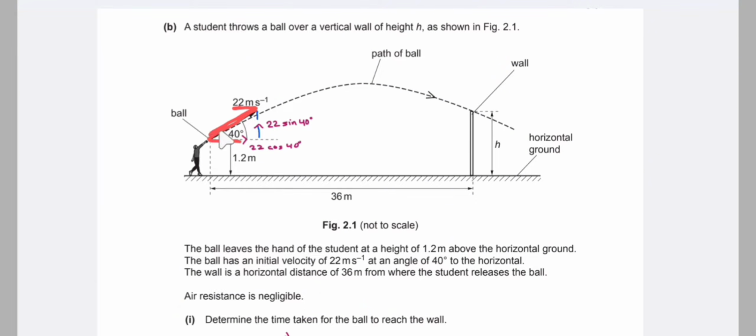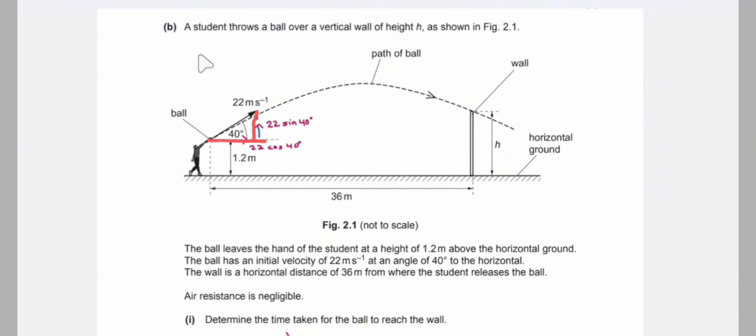Since we have been given the value of velocity, we can find the horizontal and the vertical components of the velocity.